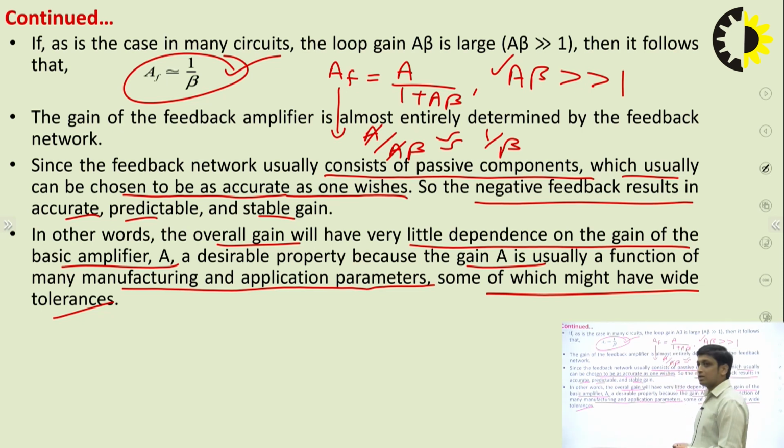So overall, we are seeing that by using negative feedback, the gain of the negative feedback system becomes less dependent upon the gain of the basic amplifier, and it comes as a desirable property.